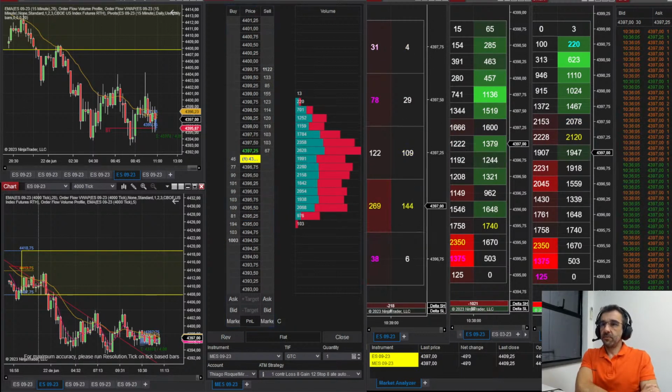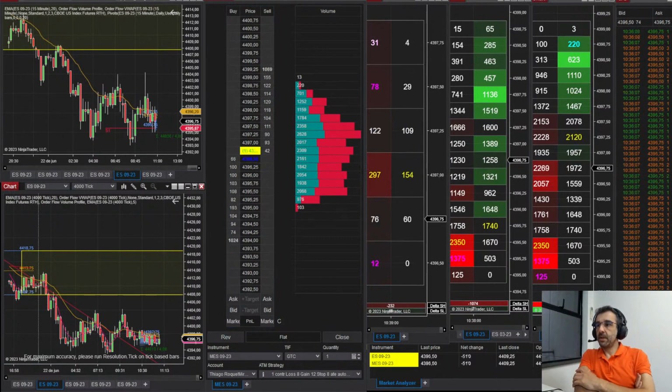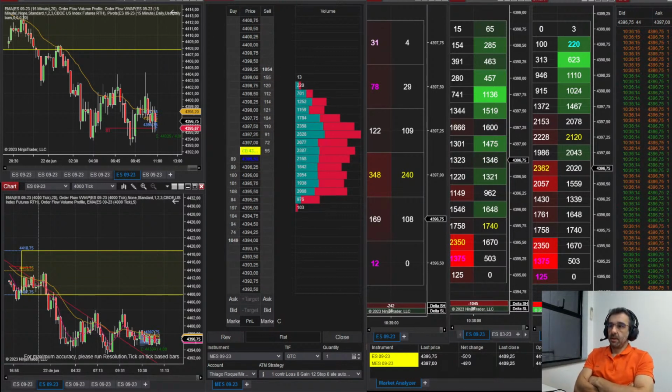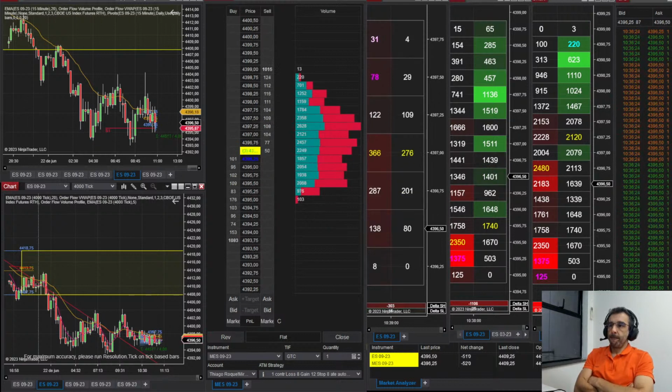But look here, so far it doesn't worth doing anything because we have a 3-point range. The risk here doesn't worth it.